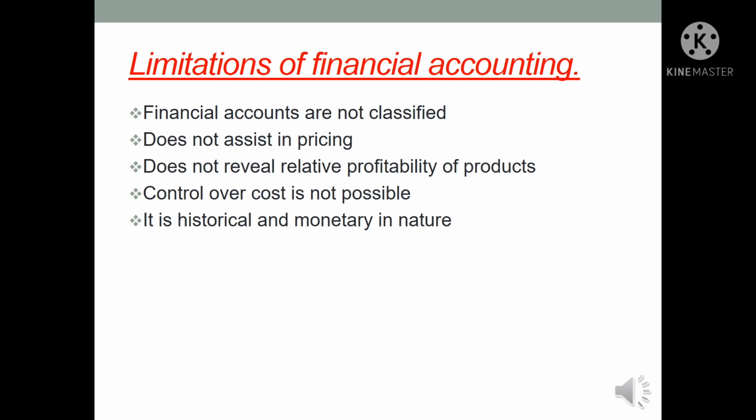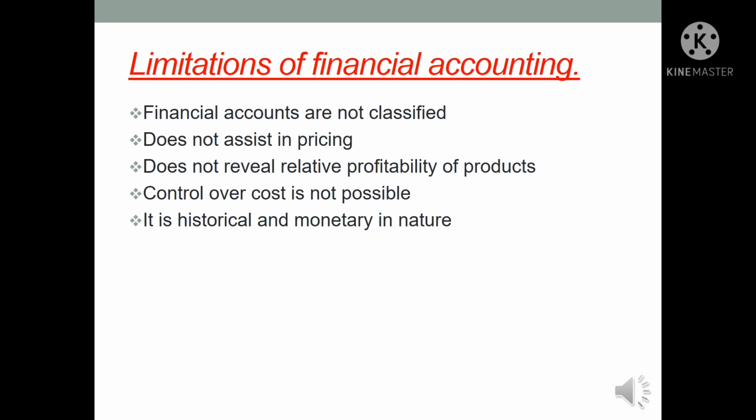We are talking about its historical nature. The emphasis of financial accounting is on recording transactions involving expenses and revenues only after they have occurred, then summarizing and reporting this information at the end of the accounting year in the form of profit and loss accounts, income statements, and balance sheets.